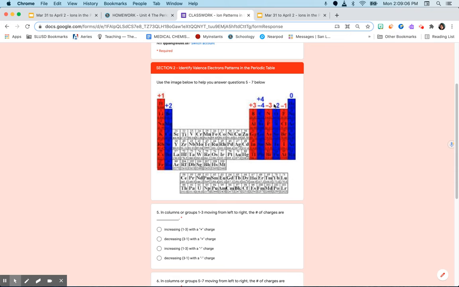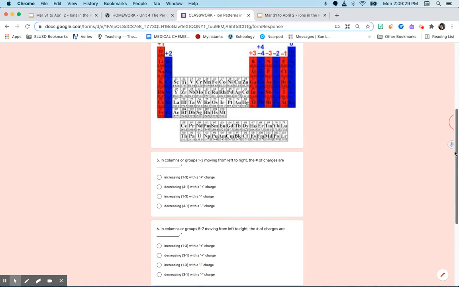Right. So here in this section, it's kind of blurry, but I'm just having you notice the columns, right? So notice that column 1 has these particular charges. Column 2 has all of this charge, 2 plus. Column 3 will have a charge of 3 plus, so on and so forth.